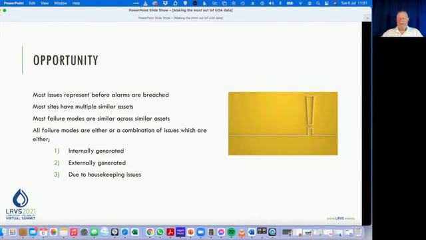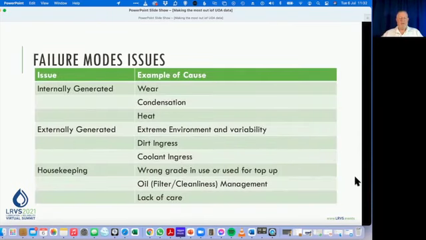Now, in simple terms, most of our failure modes can be grouped into three headlines: internally generated, externally generated, and those which are due to housekeeping issues. And if we dig down a little deeper, we can find a number of causations which would generate the headlines. So we can look at internally generated issues such as wear, water due to condensation, oxidation due to heat, etc., or externally generated, such as an extreme external environment and the variability of that environment leading to hot and cold spots, and dirt ingress due to the environment or seal breaching.